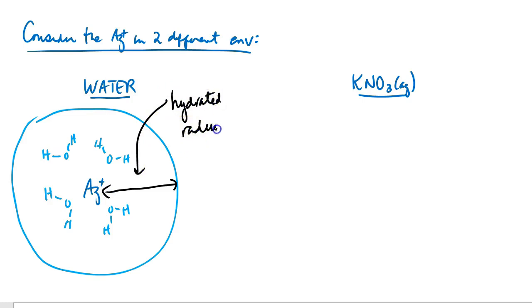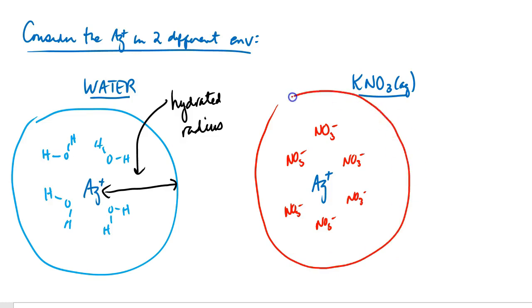It's surrounded by water. But how does the silver ion look in a solution of KNO3? In a solution of KNO3, this silver ion will be surrounded by a little bit of water, but won't it also be surrounded by these negatively charged nitrate ions? Don't opposites attract? And wouldn't those negatively charged nitrates surround that silver ion such that in a solution of KNO3, we no longer have simply a hydrated radius.